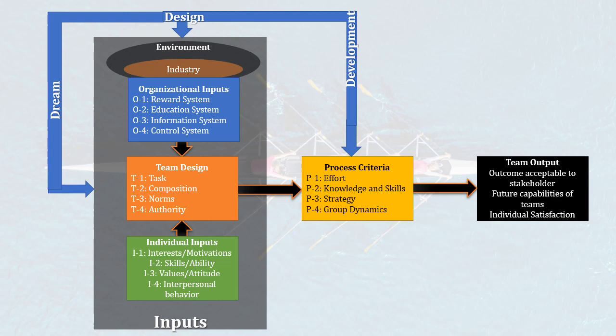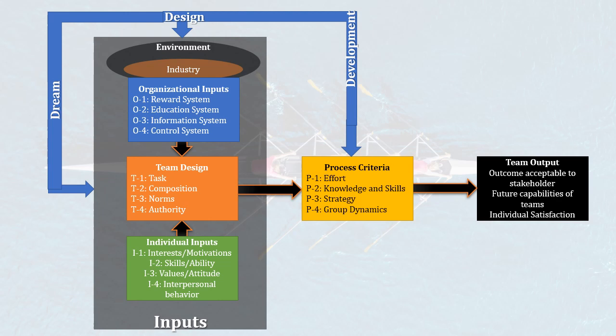The first being dream, that is, the leader should make the vision very clear to the team. Then a leader should design a team in such a way that each and every person complements the skills and knowledge that the team members possess.